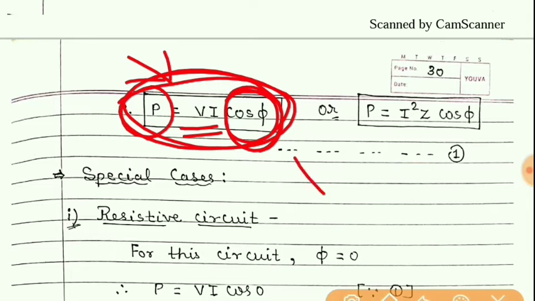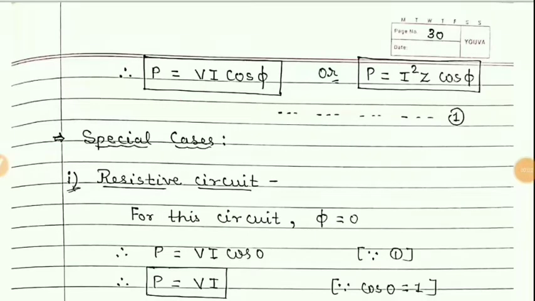So here this cos phi is nothing but it is a power factor. So even the power of the LCR circuit depends not only on V and I, but it also depends on cos phi. Now students, here this cos phi is known as power factor.